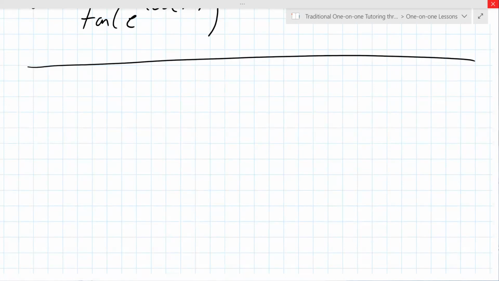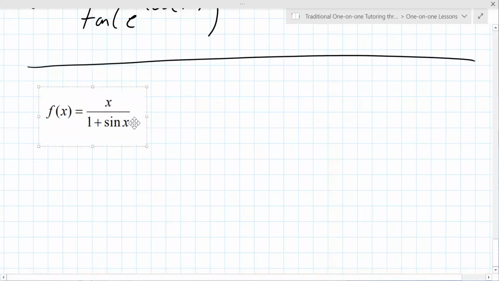All right, so I found some really good problems. Something like this. All right, so do you need a reminder of the quotient rule? Yes.